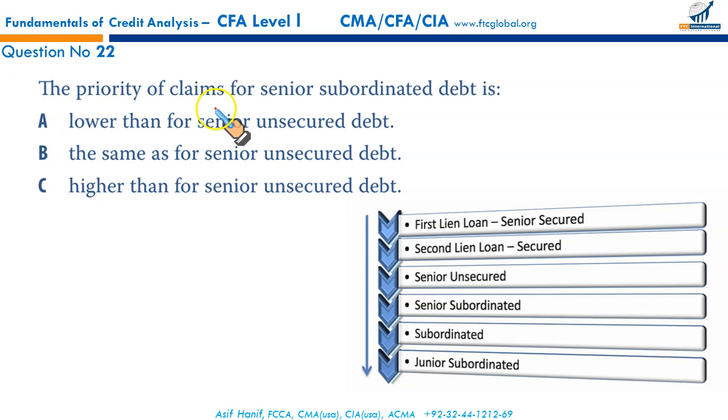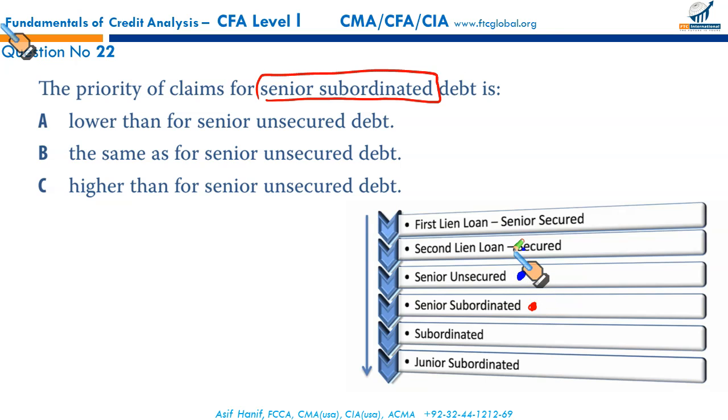The priority of claims for the senior subordinated debt. Now we have the complete ranking in front of us, and applying this concept, where is the senior subordinated debt located in the ranking? Here it is, senior subordinated debt, given in red color. Is it lower than the senior unsecured debt? This is senior unsecured debt.